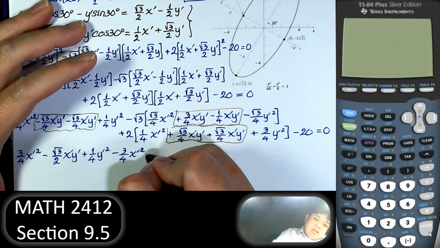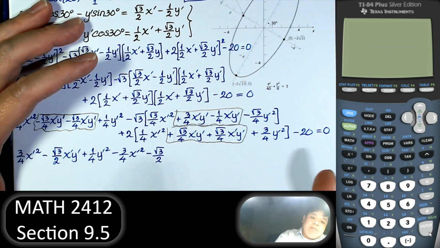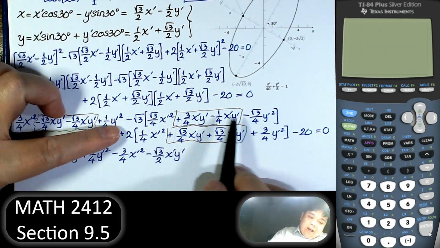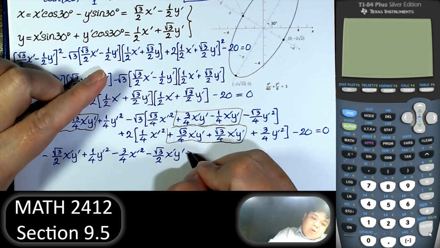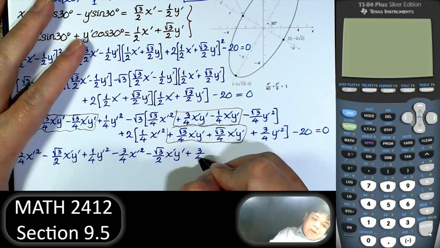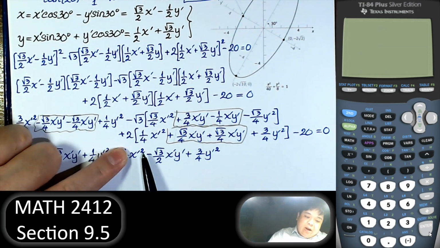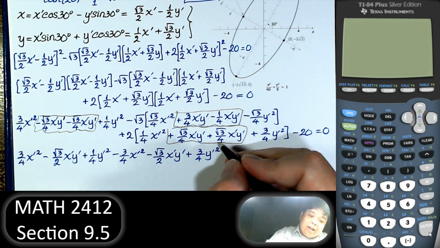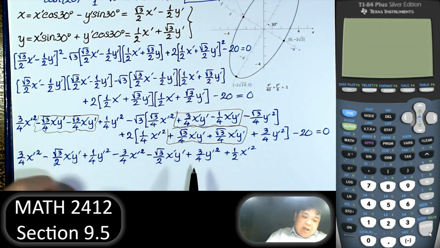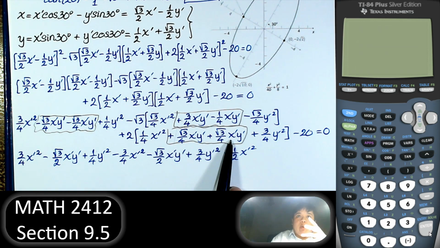1/2 times square root of 3 minus square root of 3 over 2. So 1/2 times square root of 3 x prime y prime. And square root of 3 times square root of 3, that's actually positive 3 over 4 y prime squared. Right, next 2 and 1/4, that is 1/2 x prime squared. Square root of 3 times square root of 3 and square root of 3 make 2 square root of 3 over 4.